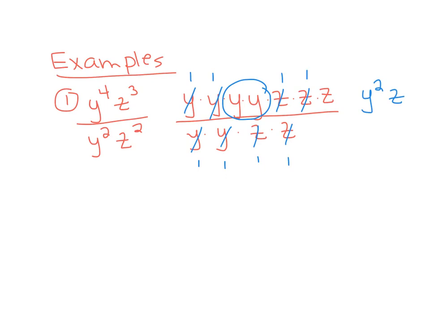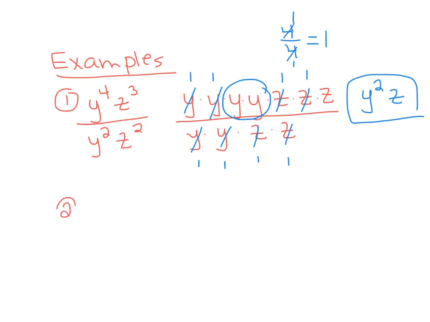You can put it over 1, but you don't need to. Remember when you did fractions, if you had 4 over 4, you simplified that to 1 over 1 equaled 1. Same idea, except now with variables.